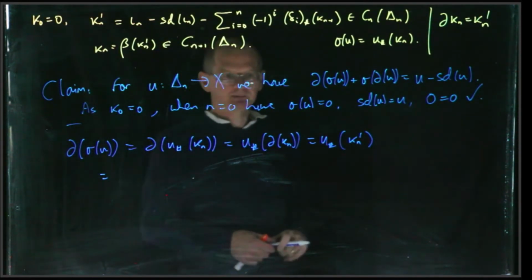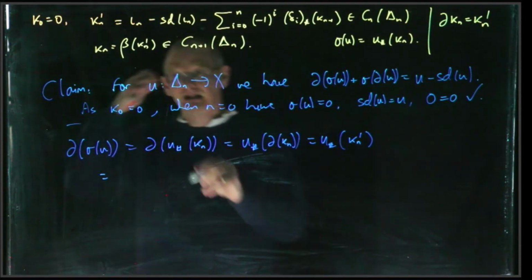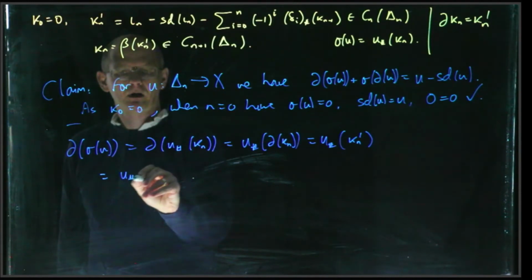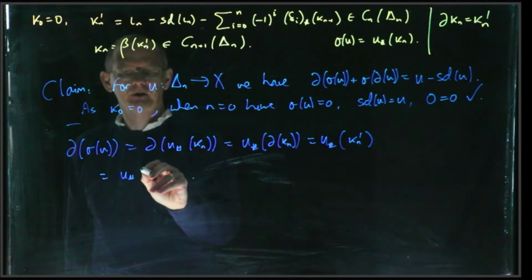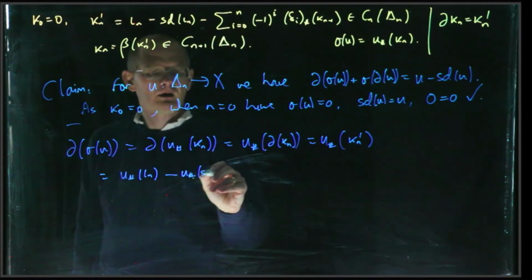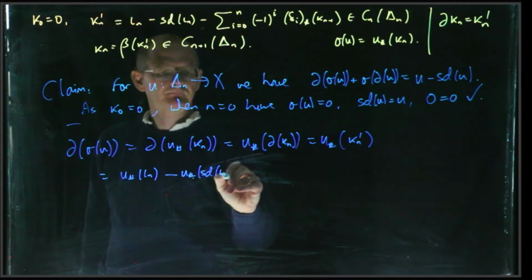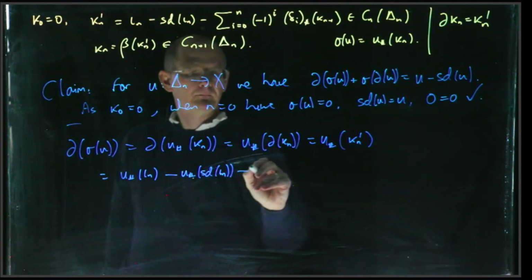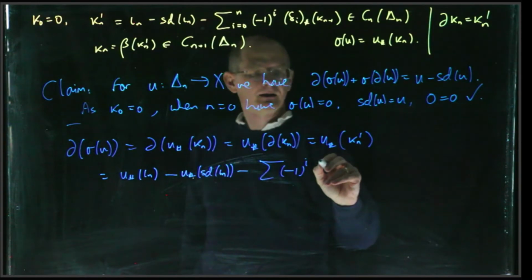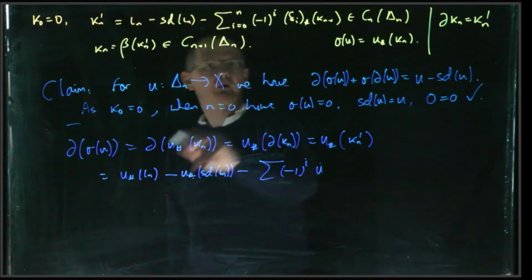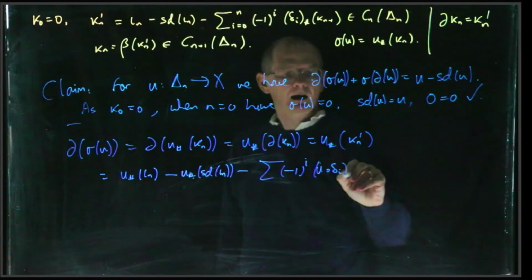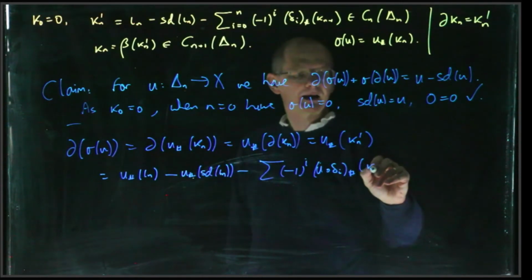Okay, so let's recall the definition here of u hash. So we got u hash, definition of κ_n, so we got u hash of ι_n minus u hash of sd of ι_n minus the sum of (−1)^i, then u hash δ_i hash, so that's u composed of δ_i hash of κ_{n−1}.